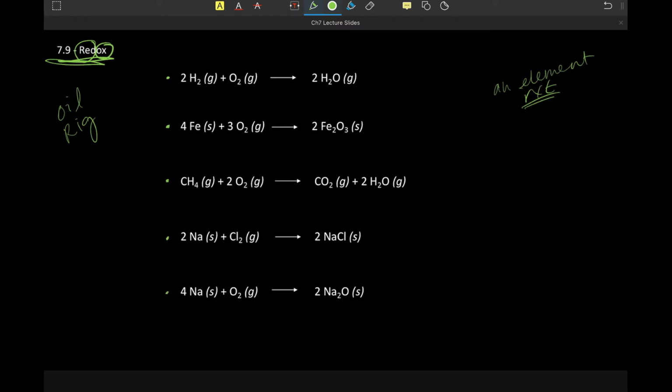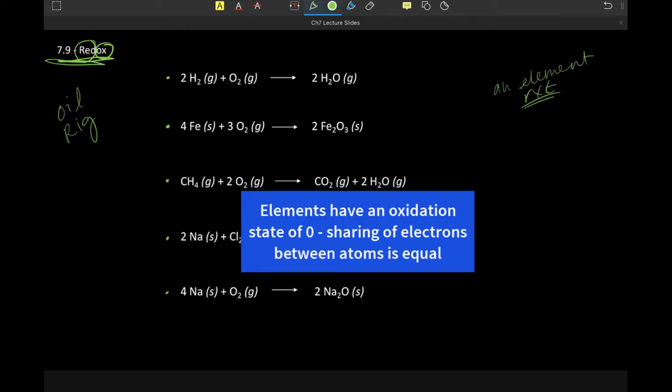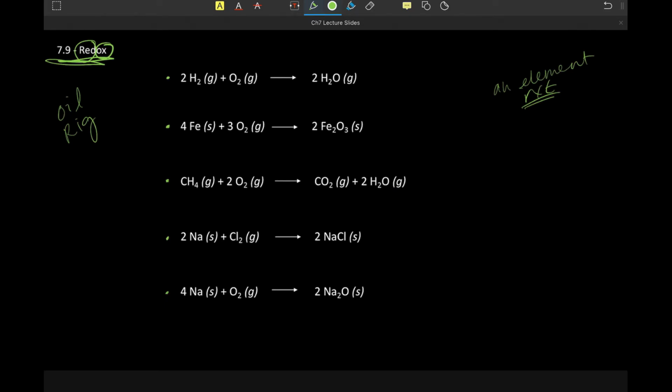If we think about what that means, we're not going to assign oxidation states formally, but if something is an element, it's in its natural state. When we talk about oxidation states, what we mean is the sharing of electrons. Are they sharing equally or unequally? An element shares in whatever is the natural way for it to share as an atom.